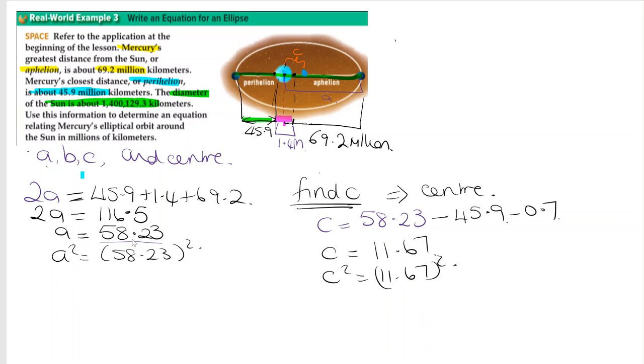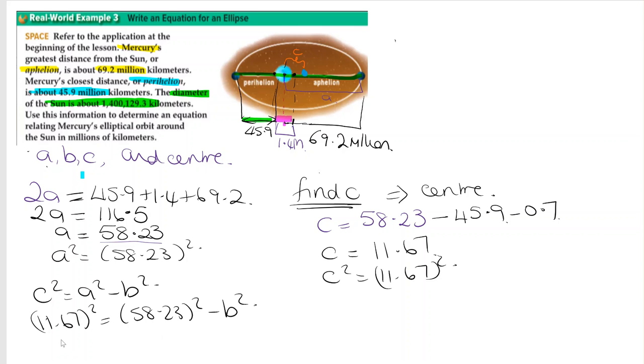Now to find b squared, c squared is a squared minus b squared. So c squared is 11.67 squared, and a squared is 58.23 squared, minus b squared.